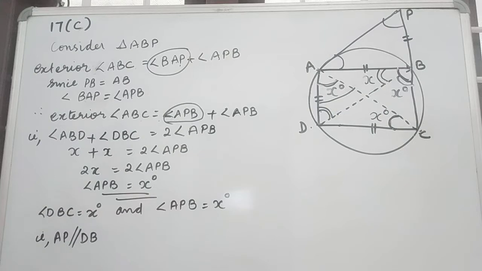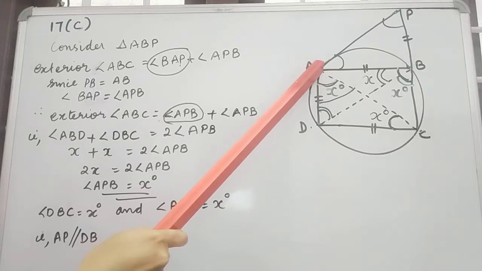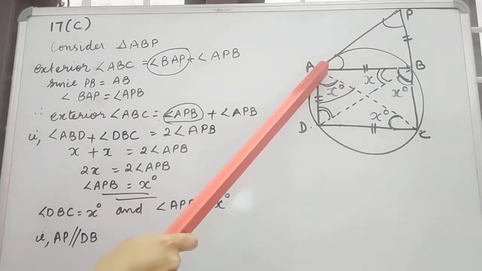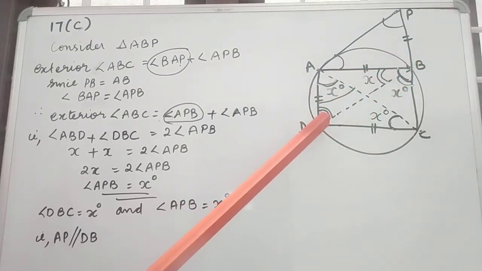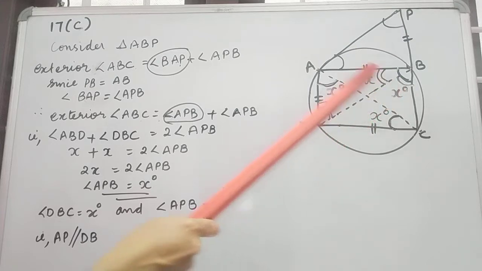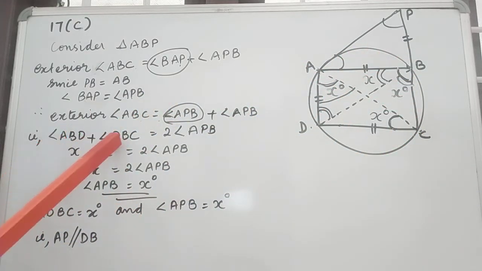Look at ABC. ABC is the sum of two angles. How can we write ABC? ABC is equal to ABD plus DBC.